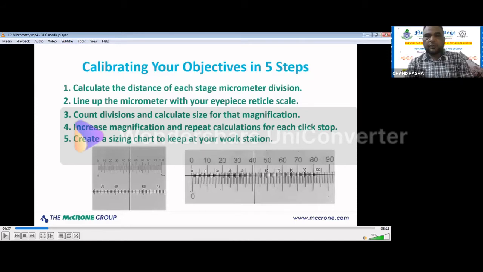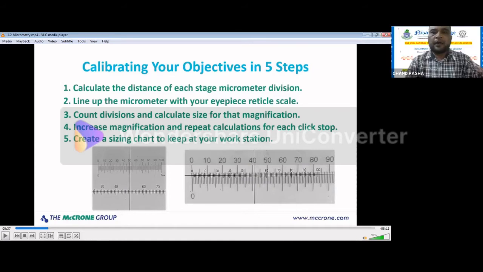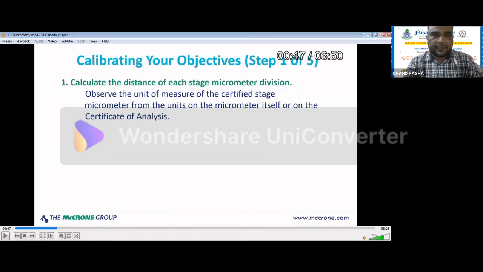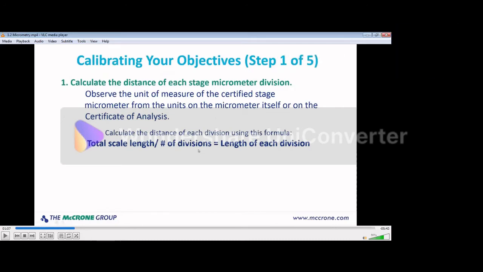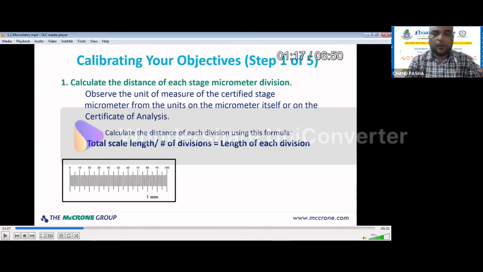Normally, in a routine microbiology laboratory, we take 10 divisions of the stage micrometer and see how many ocular divisions are superimposing. But in the correct method, the first stage is the calculation of each single division size of your stage micrometer. Stage micrometers are generally of 2 types, 1 millimeter size and 0.1 millimeter size.